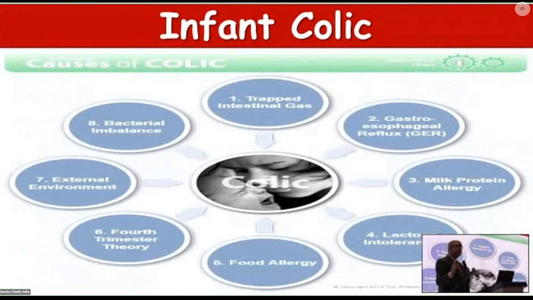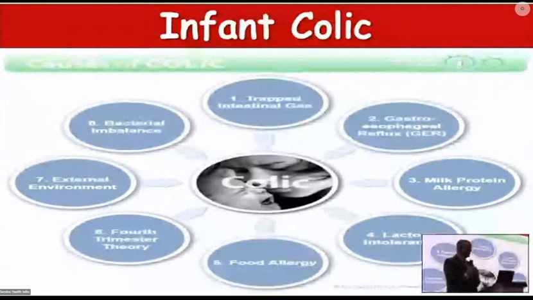Infant colic is multifactorial. It may be due to trapped intestinal gas, reflux, milk protein allergy or any other food allergy, lactose intolerance, or external stimuli and a stressful external environment.